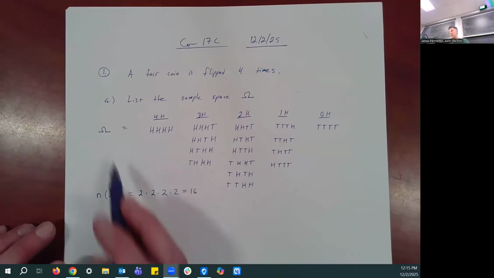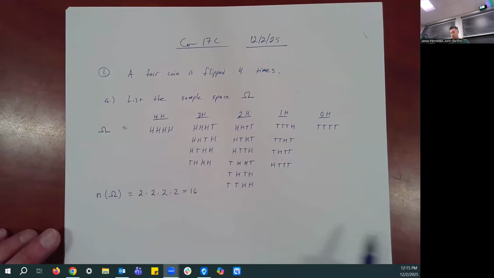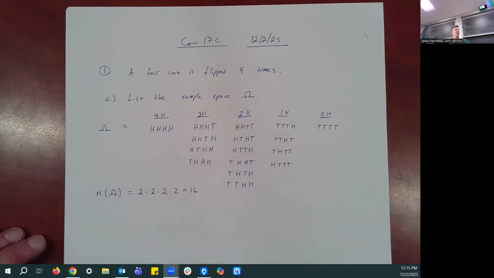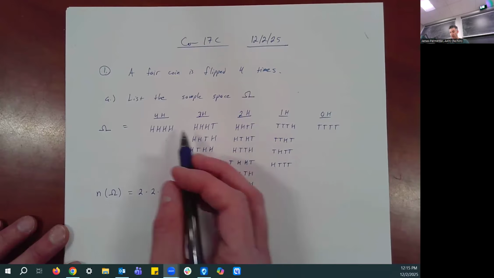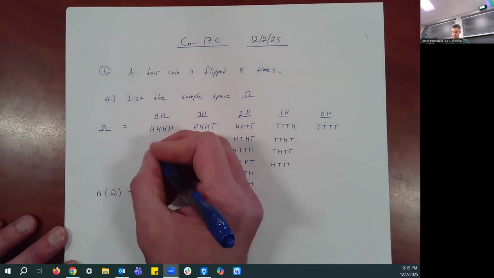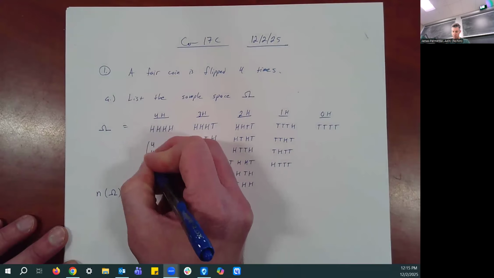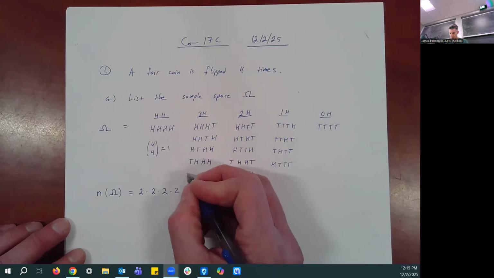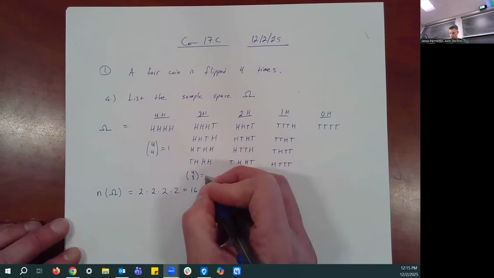I'll also point out that these numbers, 1, 4, 6, 4, and 1, shouldn't be terribly surprising. The number of ways of getting 4 heads is 4 choose 4. Out of 4 coins we flipped, we chose 4 of them to be heads, and that's equal to 1. And 3 heads, that's 4 choose 3, which is exactly 4.